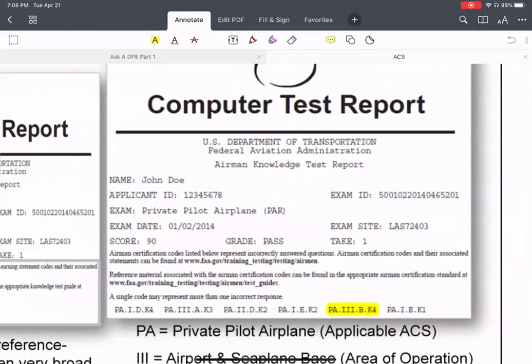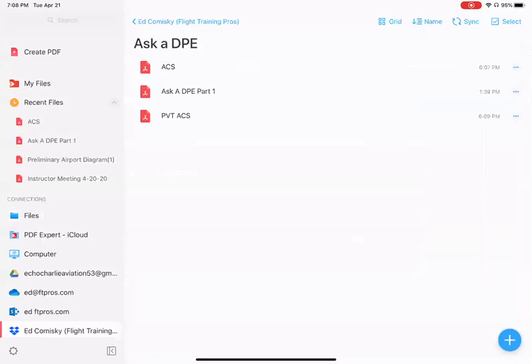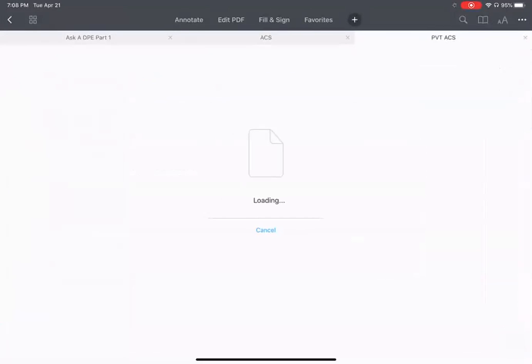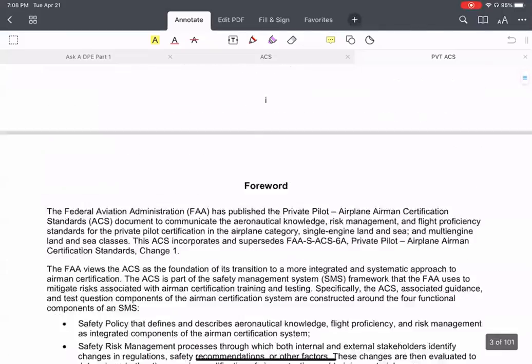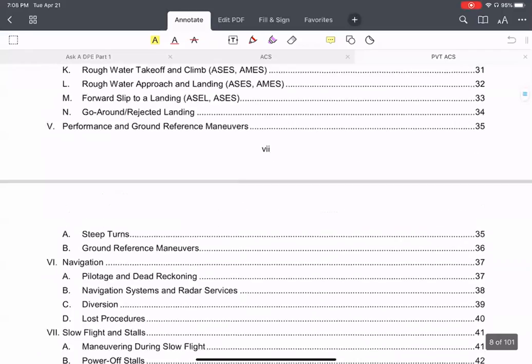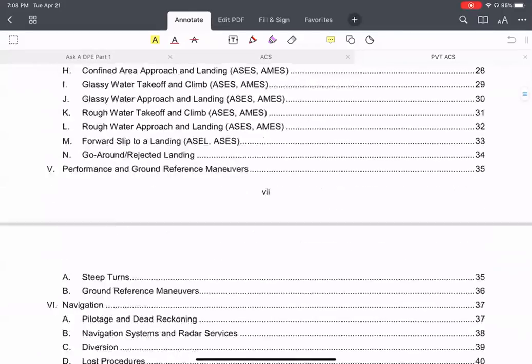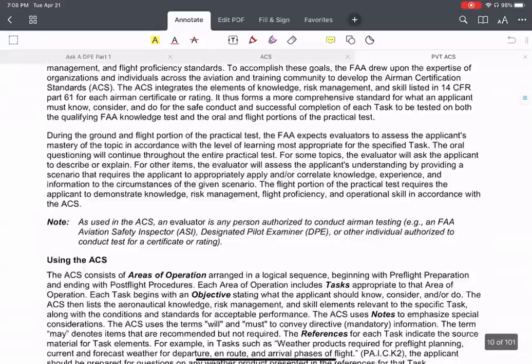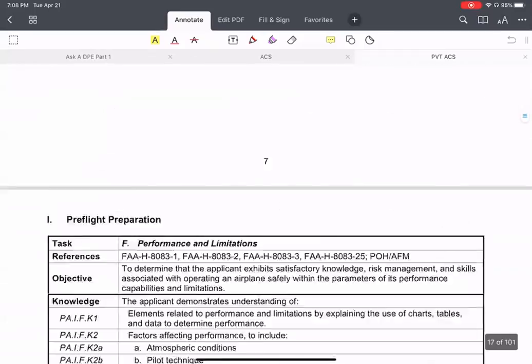And so what I do with that is I go into the actual ACS, and I would go to section 3, and so I'm going to go ahead and scroll down there. If I just look at the table of contents, section 3 is going to be airplane traffic patterns, communication, light gun signals, and I believe it was BK.